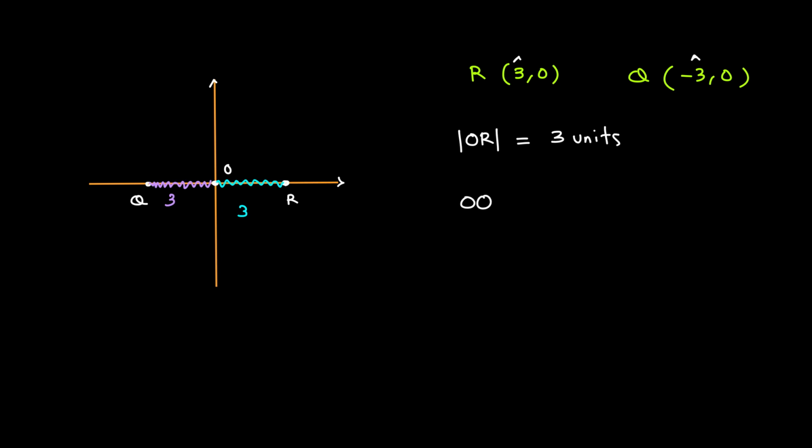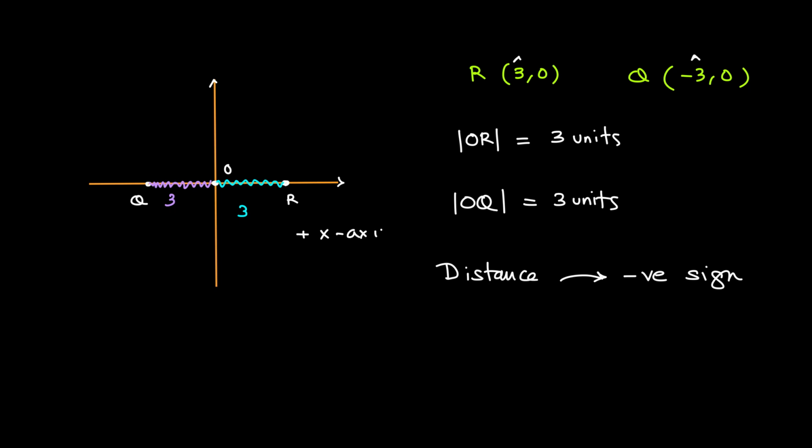And the distance OQ is also 3 units, because when we talk about distance, we do not consider the negative sign. The negative sign simply says that one point is along the positive x-axis, the other point is along the negative x-axis, and that is all the positive and the negative mean.